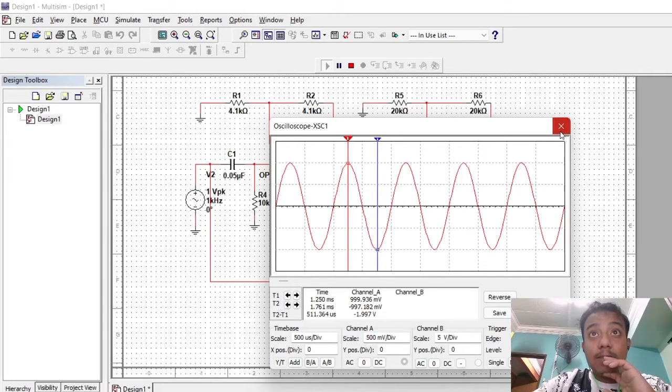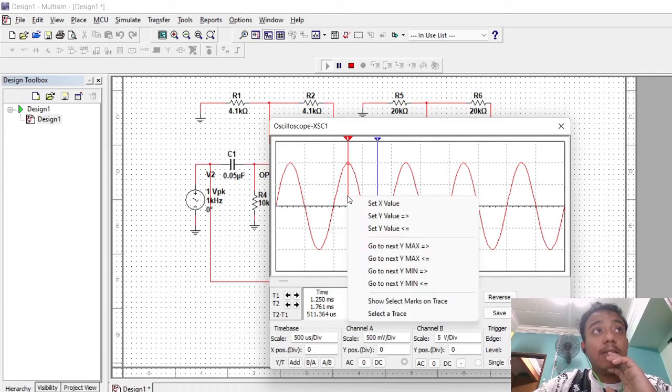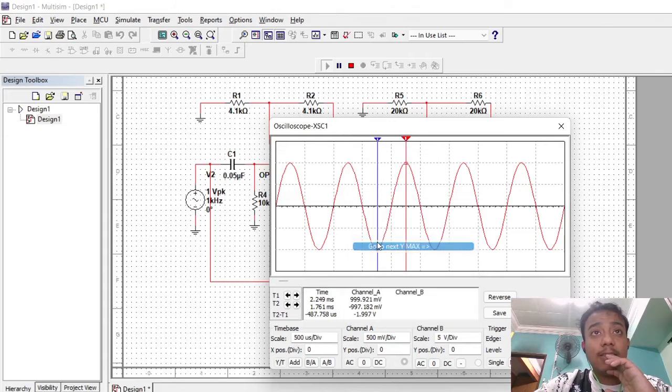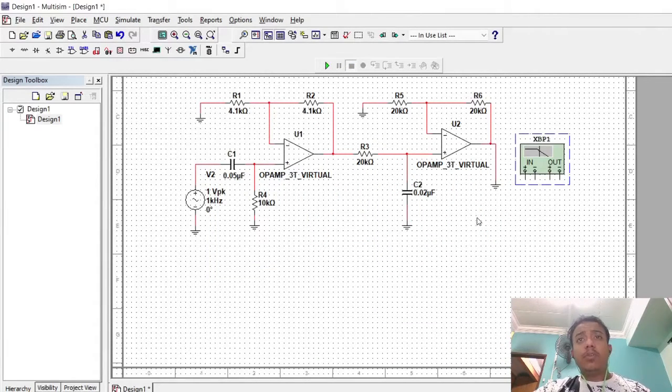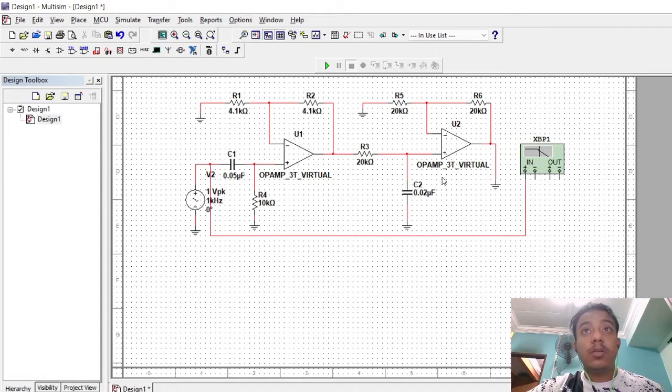After that, we can use this to find the highest value, Y max, like this. After that, we continue if we want to find the output for the bandpass, and we use the bode filter. In positive we put it here, the out negative we put here, out positive we put here, and then in negative and out negative we put at the ground.